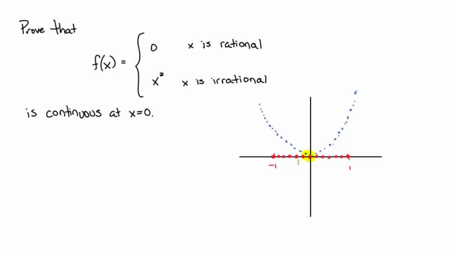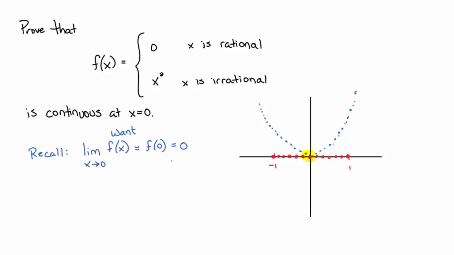So recall, to prove continuity at 0, we want to show that the limit as x approaches 0 of f of x will actually equal f of 0. That's what we want. And of course, 0 itself is a rational number, so it should return 0. That's what we want to prove.